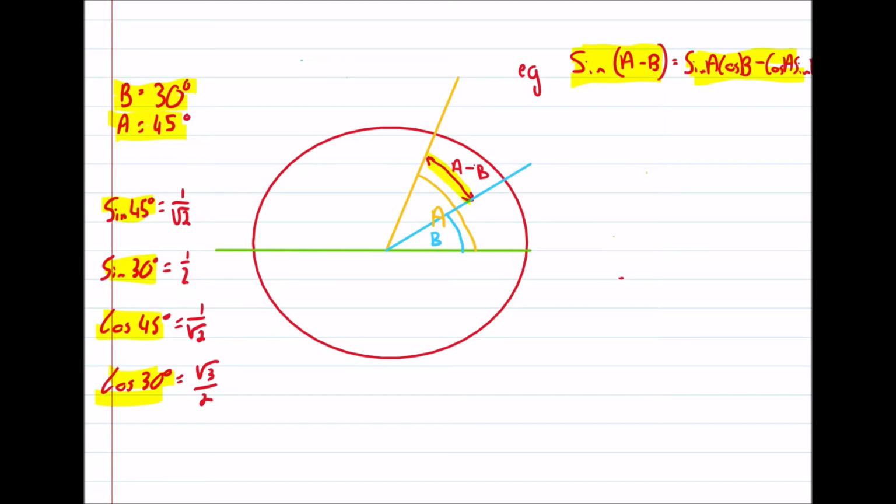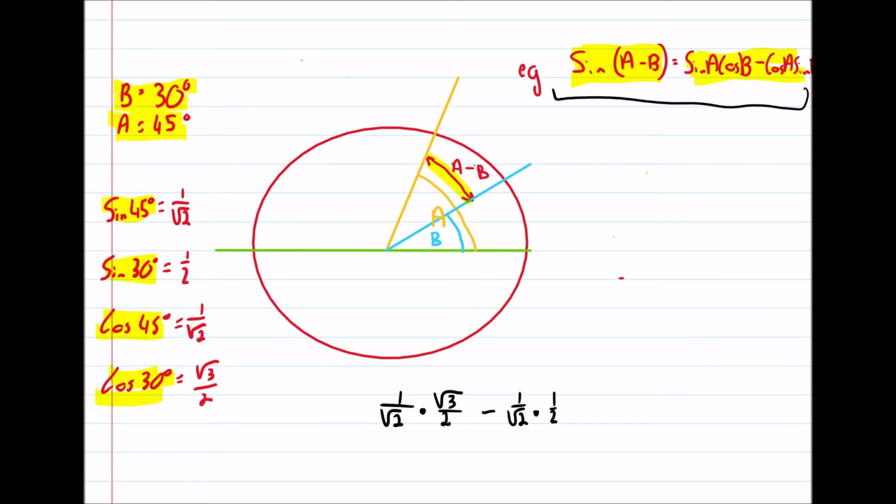So the sine of A minus B is, first of all, sine A. Sine A is the sine of 45, which is 1 over root 2, multiplied by the cos of B. The cos of B is the cos of 30, which is root 3 over 2, minus the cos of A, which is the cos of 45, which is 1 over root 2, multiplied by the sine of B, which is the sine of 30, which is a half.